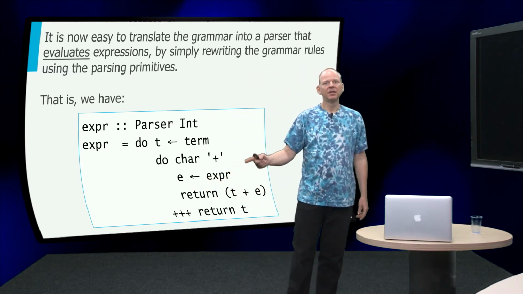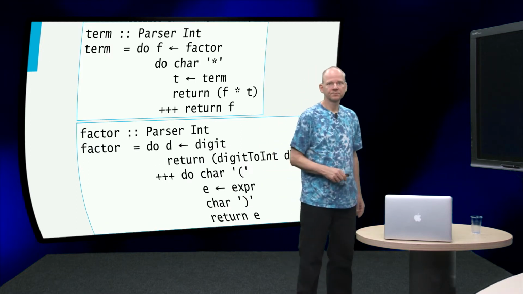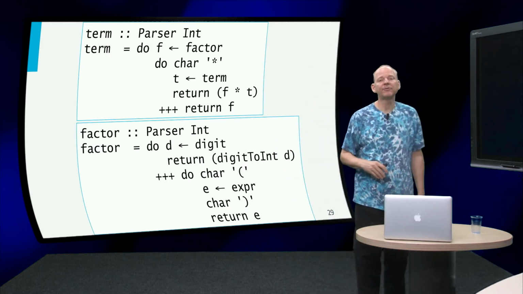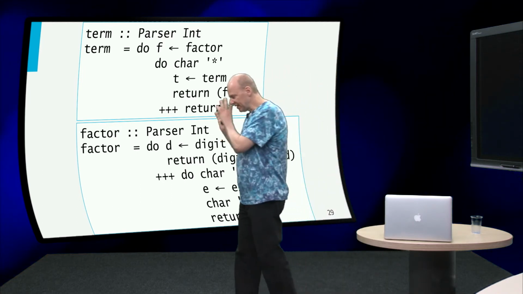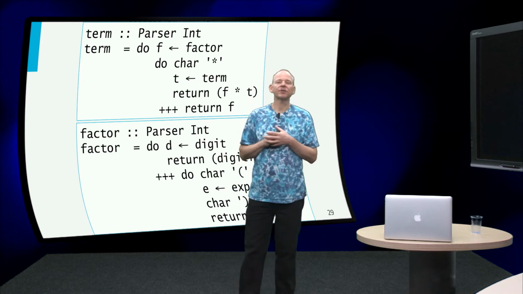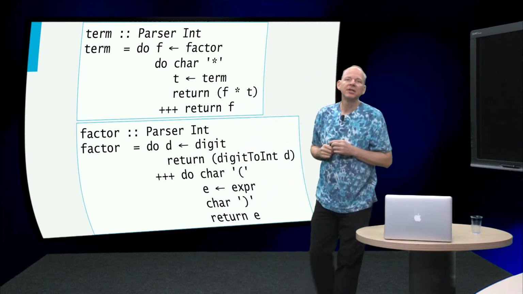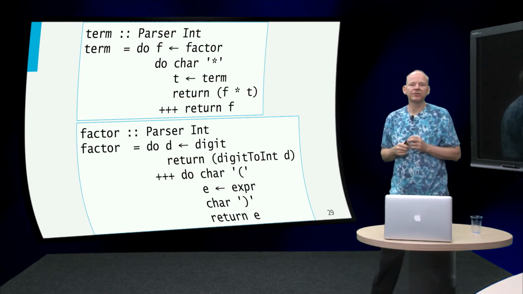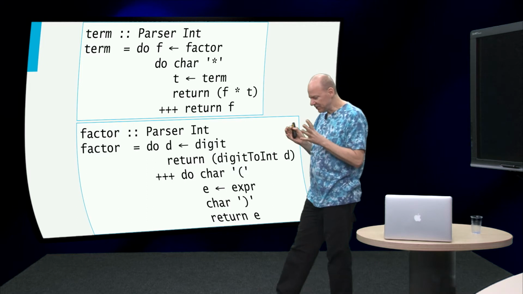All right, so you will immediately return the term. And the same for term, and the same for factor. So in some sense, that encoding of the grammar has a one-to-one correspondence with this recursive expression here. And that's the nice thing.